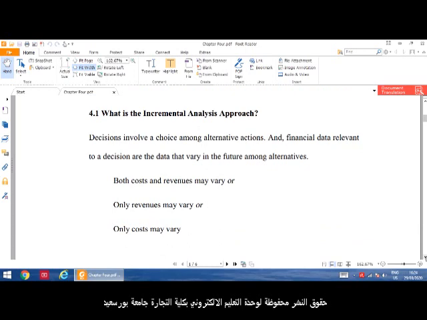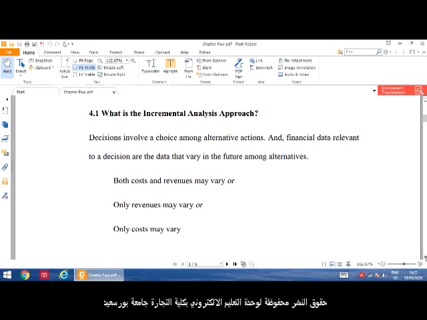What is the incremental analysis approach? Here we need to define the incremental analysis approach. Decisions involve a choice among alternative actions.